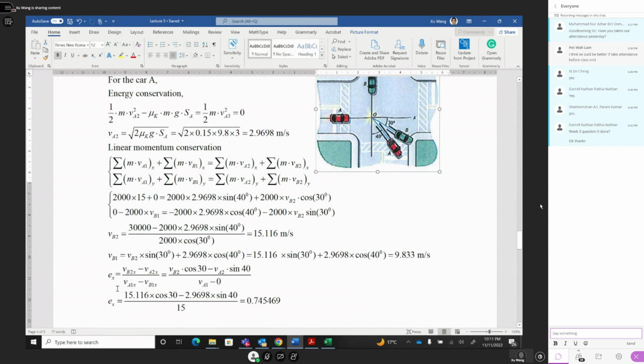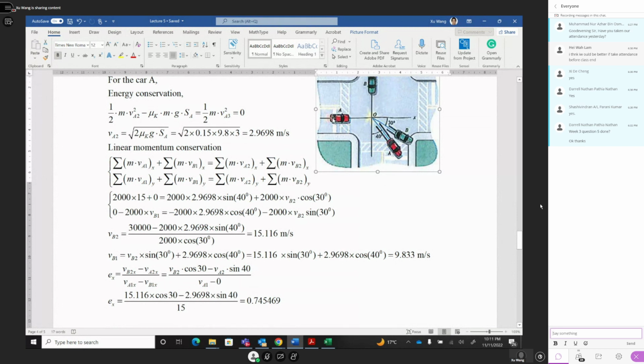And then what is the coefficient of restitution in the horizontal direction? According to the definition, it should be after impact VB2x minus VA2x, divided by before impact VA1x minus VB1x. Car B has no horizontal component of momentum before impact, so this one equals 0.